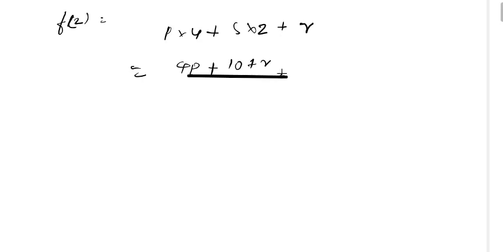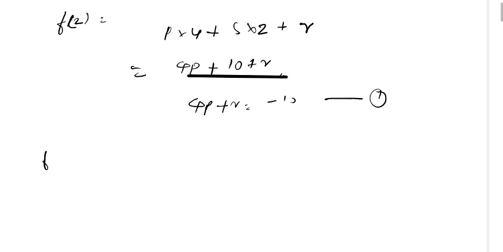F of 2, you have the equation p into 2 squared, that is 4p, plus 5 into 2 plus r. So 4p plus 10 plus r, so we get 4p plus r equal to minus 10, and it will be your equation number 1.